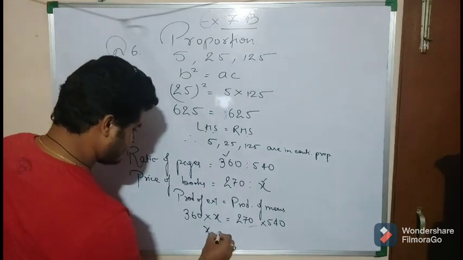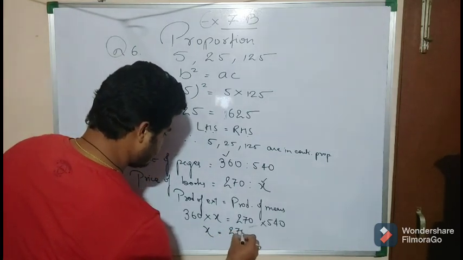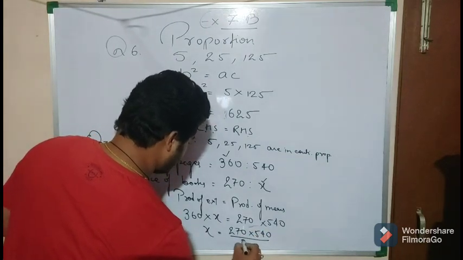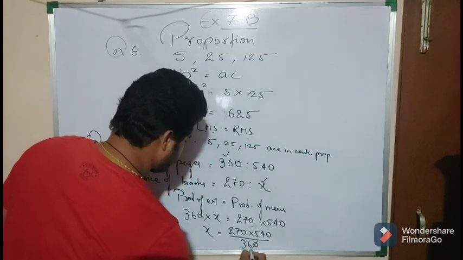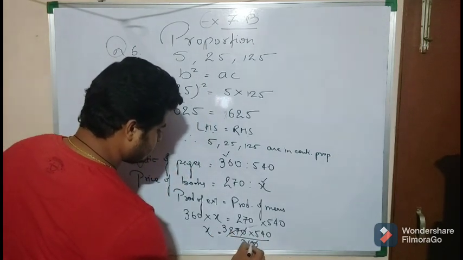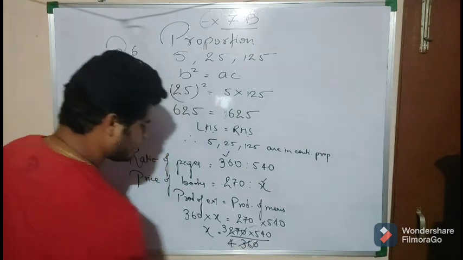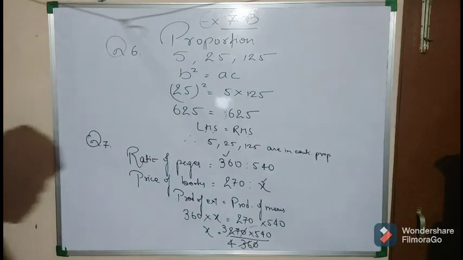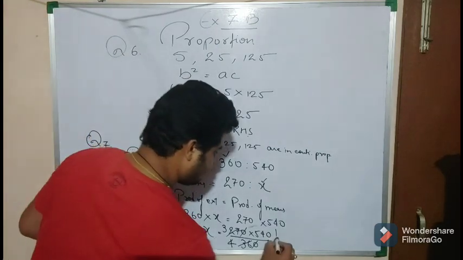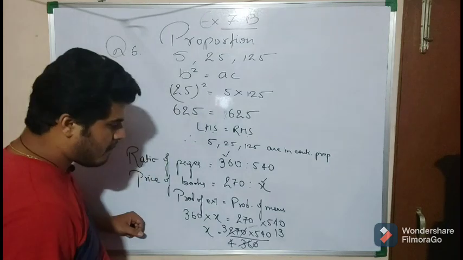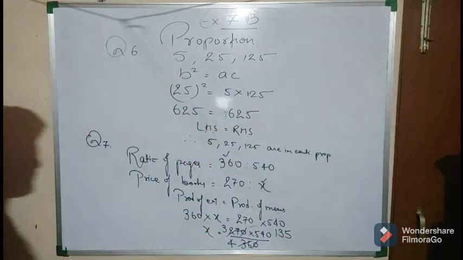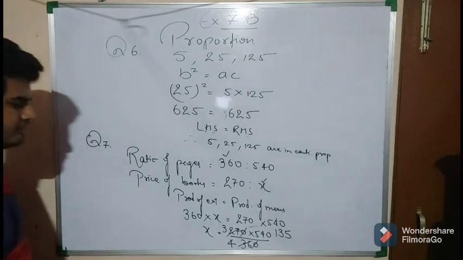So x is equal to 270 into 540 upon 360. The zeros cancel. 9 3s are 27, 9 4s are 36, 4 1s are 4, 4 3s are 12, 4 5s are 20.